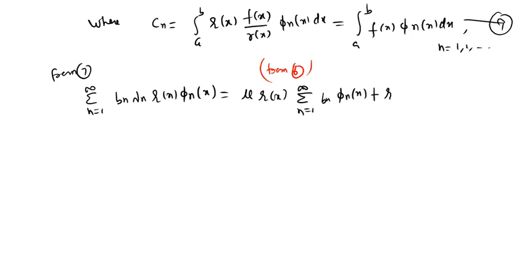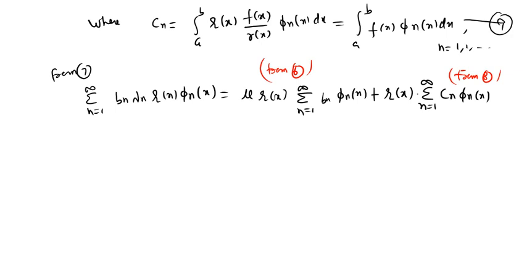So I am writing f(x) as r(x) multiplied by f(x) by r(x). So f(x) by r(x) is from 8, that is the sum of cn phi n(x). Okay, so I am combining 6, 7 and 8.